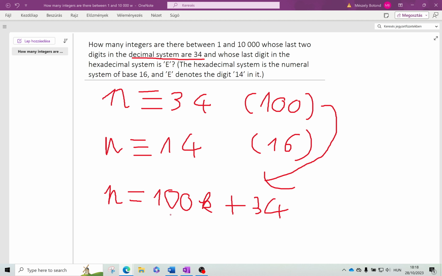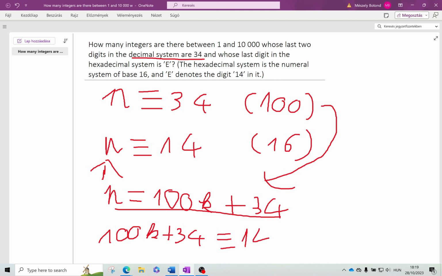We get this equation, and we put it into the other equation: 100k plus 34 is congruent to 14 modulo 16.